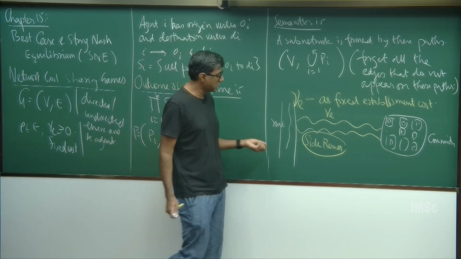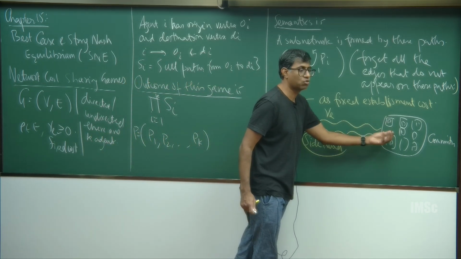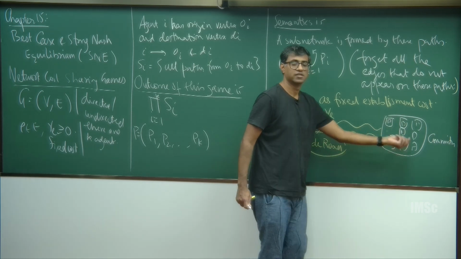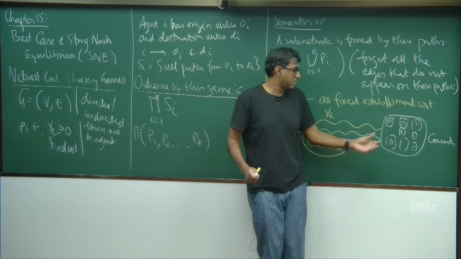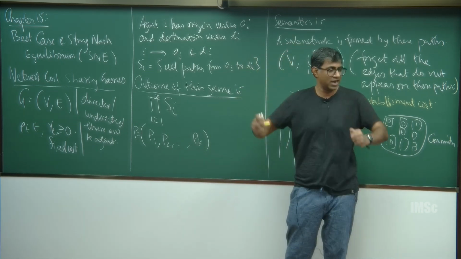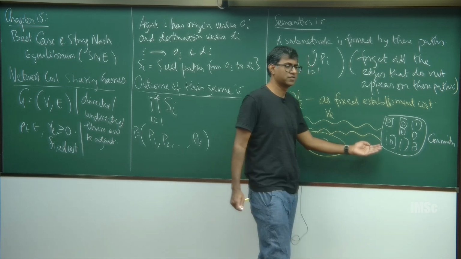Which also means that this gamma e should be shared equally among the agents that get to use it. If some people constructed this and others constructed that, why would someone who uses some other road pay for this road?